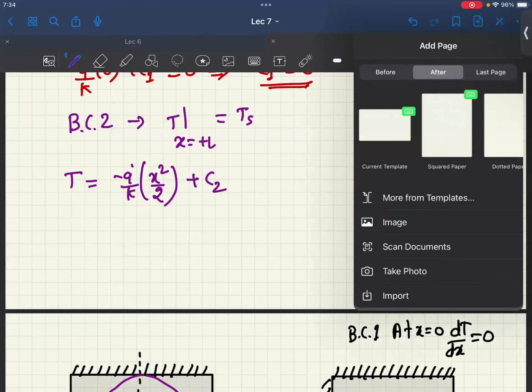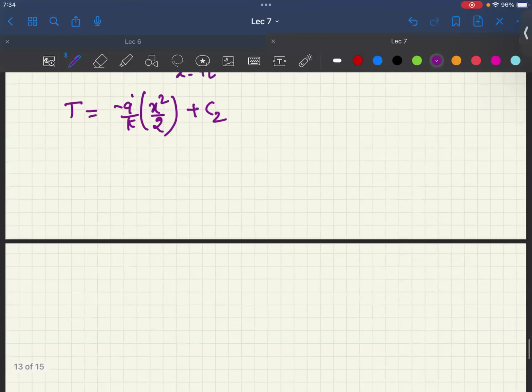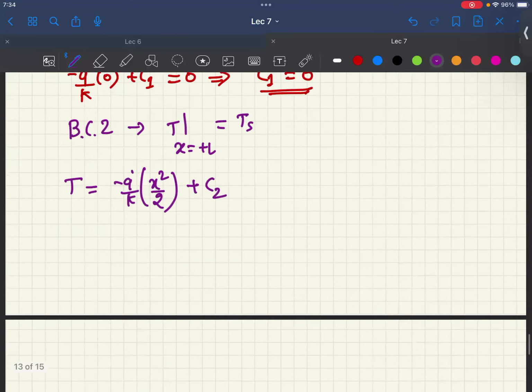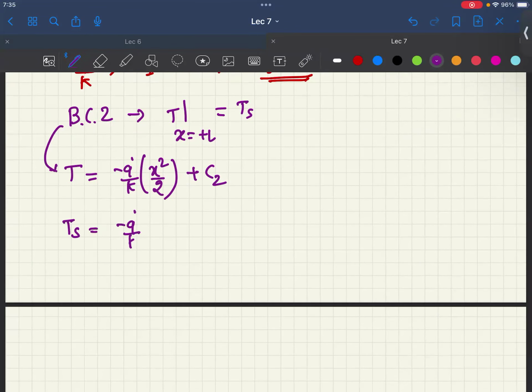Okay. So now we put this boundary condition into this, we end up with Ts is equal to minus q dot by k L square by 2 plus C2, which gives us the value of C2 as Ts plus q dot by k L square by 2.